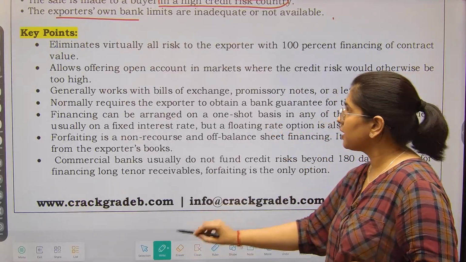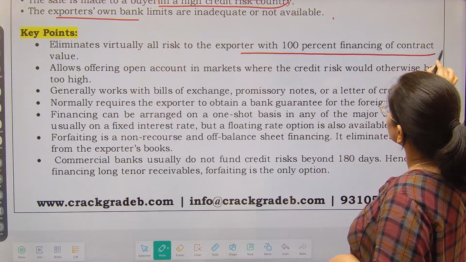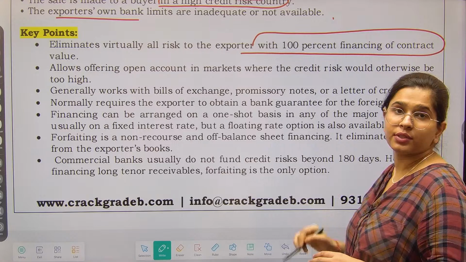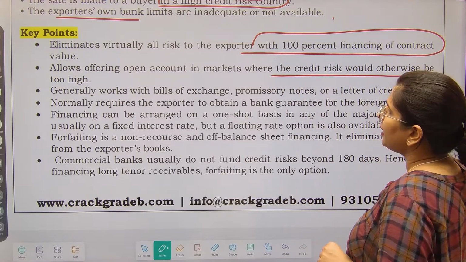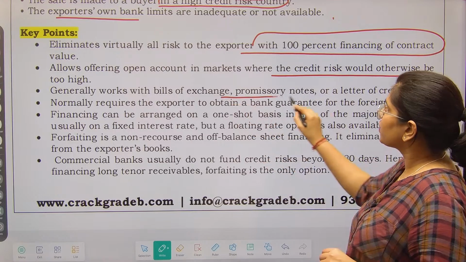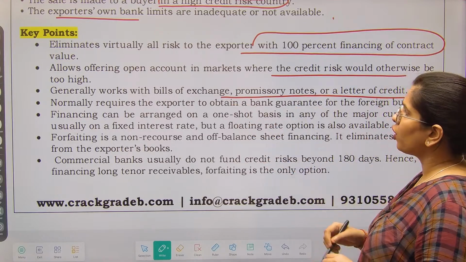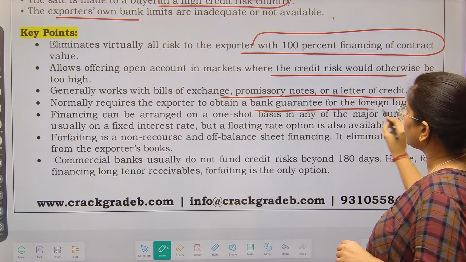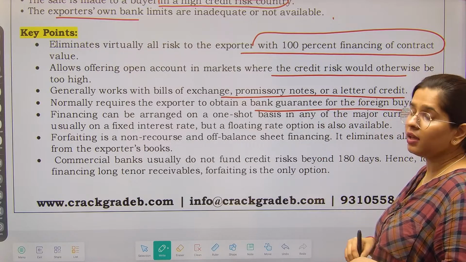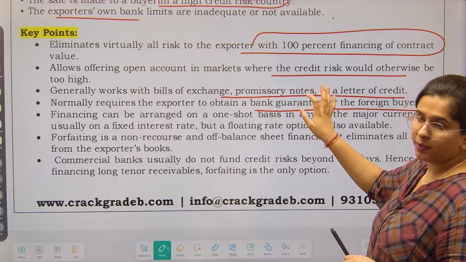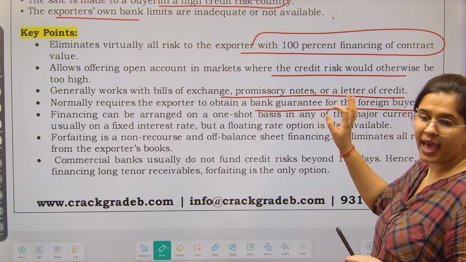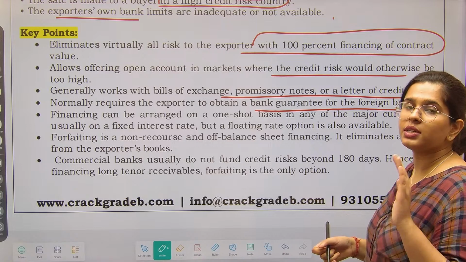It eliminates all risk to the exporter as he gets 100% of the finance, allows offering open account in the market, generally works with bill of exchange, promissory note, etc. Normally it requires the exporter to obtain a bank guarantee for the foreign buyer. That means, dear exporter, please collect a bank guarantee from the importer's side.